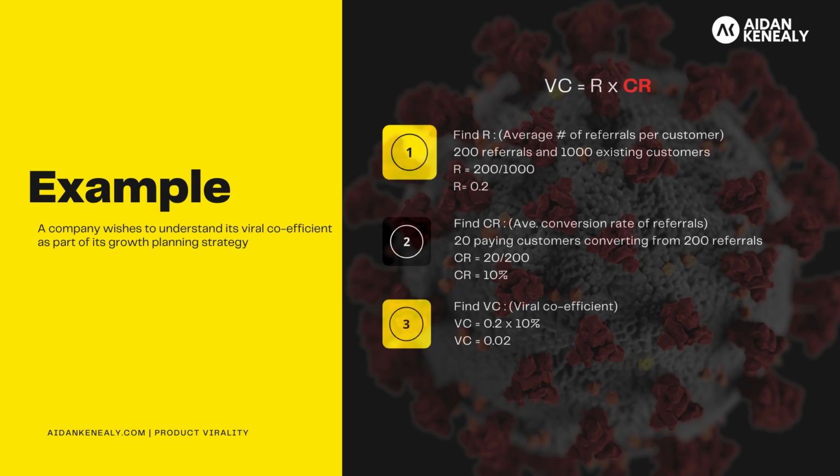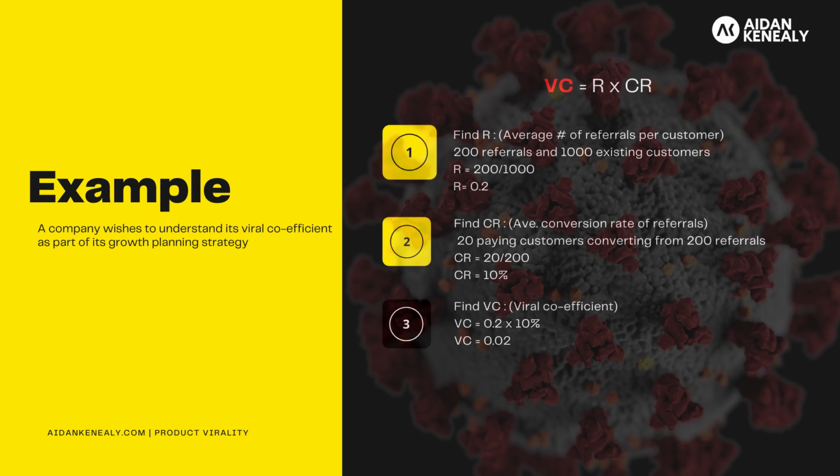Next is to find CR, the average conversion rate of referrals. We do this by dividing the total number of referrals that converted to new customers by the total number of referrals. Let's say this company had 20 out of 200 referrals that converted into paying customers. This would mean that their CR is equal to 20 divided by 200, or 10%.